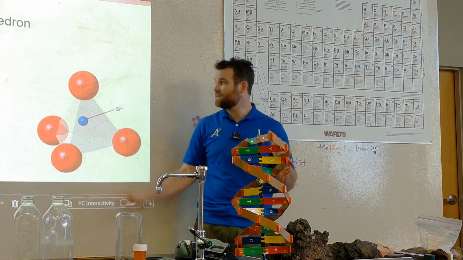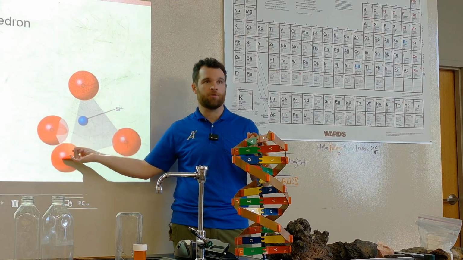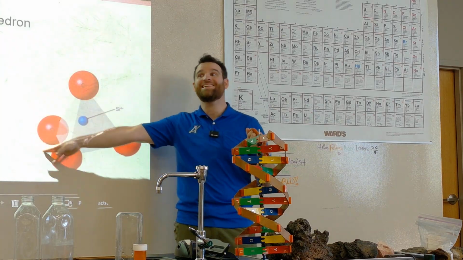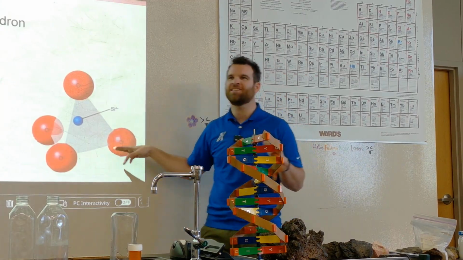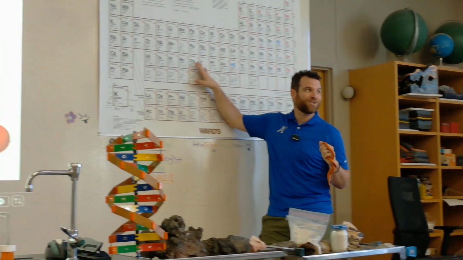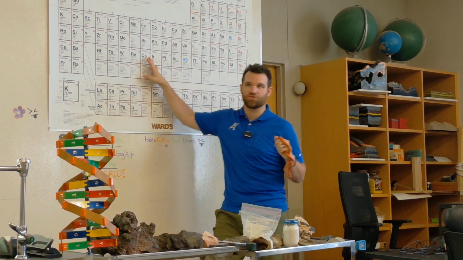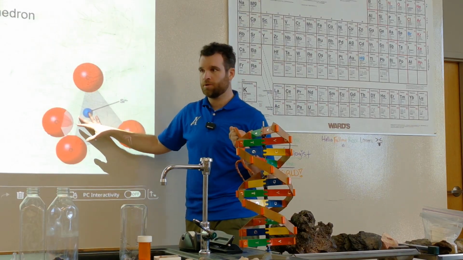Okay? Which means that they are constantly swapping out with each other, staying in the proximity of the silicon, but this overall has a net -4 charge, which means it's great for combining with certain metals that have the positive charges that would love to be attached to something with a negative charge. Okay?